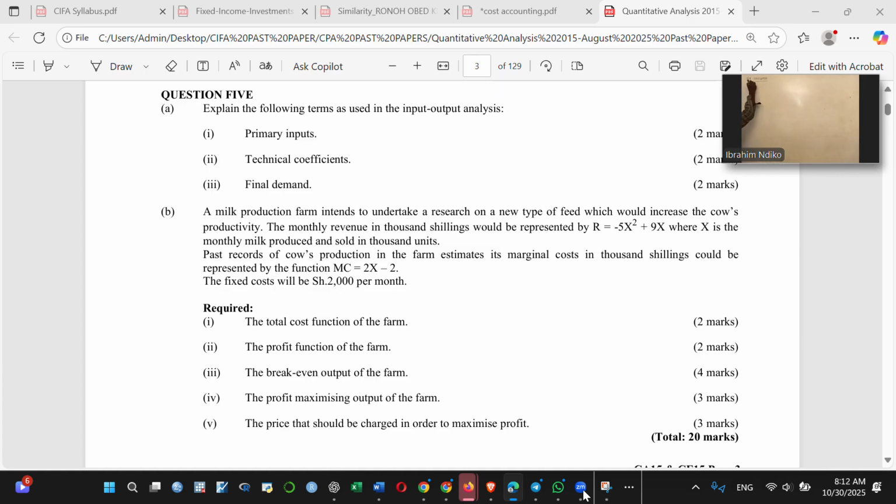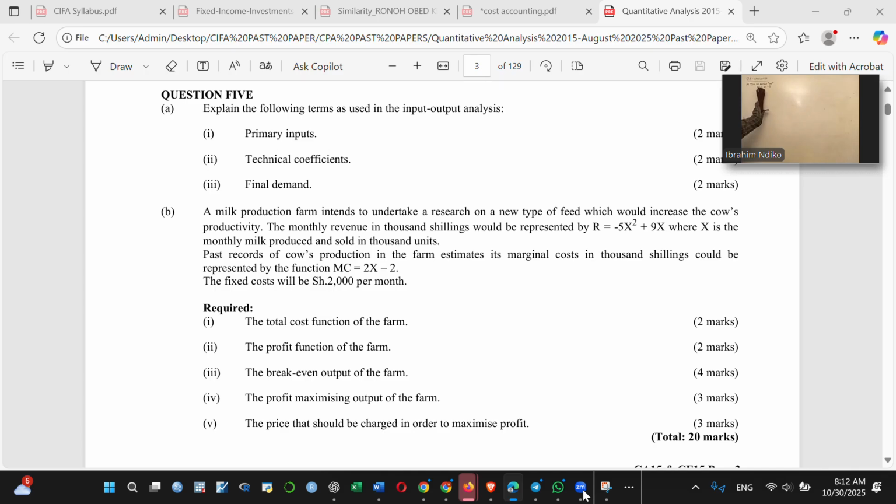Number A, total cost function. Remember our function is in 1,000. So we have been given the marginal cost. The marginal cost is equal to 2x minus 2.